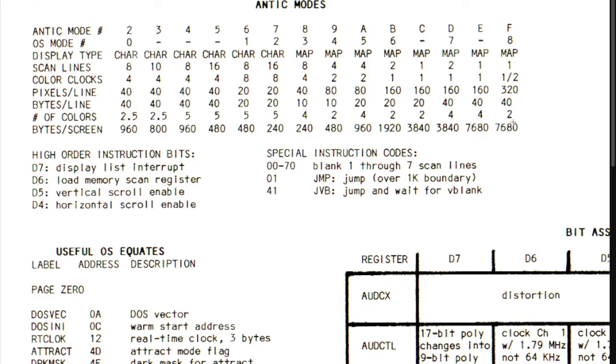And then look at the amount of memory that it's using. 7,680 bytes per screen of this data. And Mode E has the same deal, but it's only 160 pixels wide, and it's only got 4 colors. But we're getting something like 8, 9, 10 colors out of these GTIA modes.